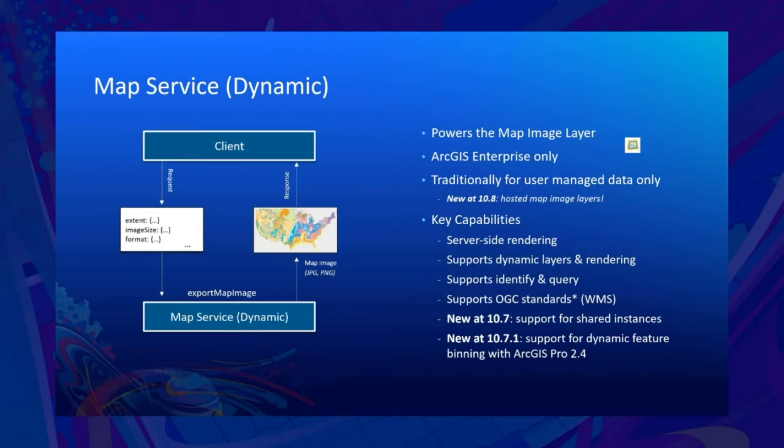Over the past few releases, we've added some very important new enhancements to map services. One I really want to make sure that everybody's aware of is this concept of shared instances.